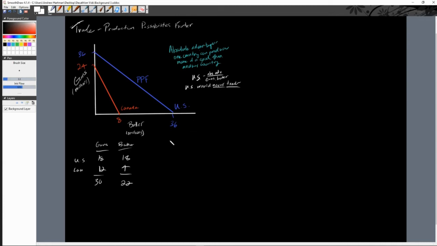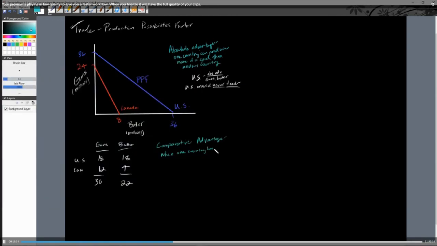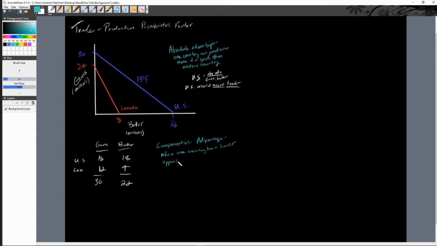And that concept is going to be known as comparative advantage. Comparative advantage is very much related to absolute advantage. Comparative advantage states that when one country has a lower opportunity cost to produce a good than another country.